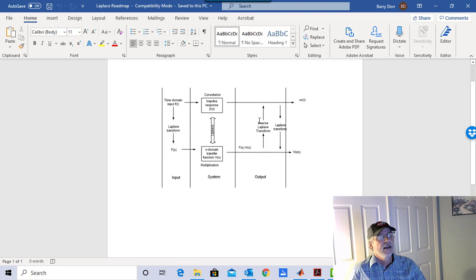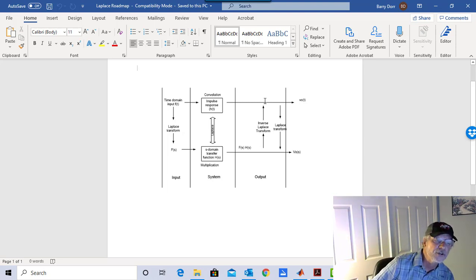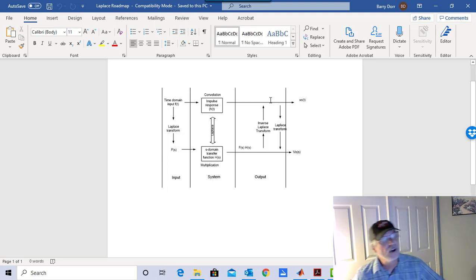But if I just want to know the time domain value at 0 and the time domain value when t is equal to infinity, I can do those by just taking some limits. So that's why we call it the initial value theorem, meaning the value of the time domain function at 0, and the final value theorem, which is the value of the time domain function at infinity.